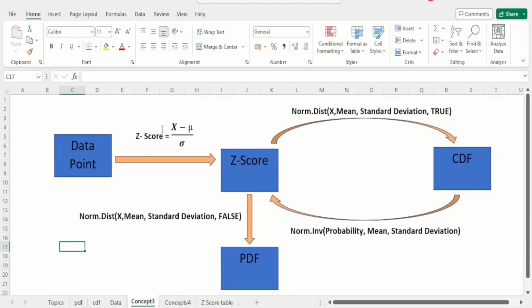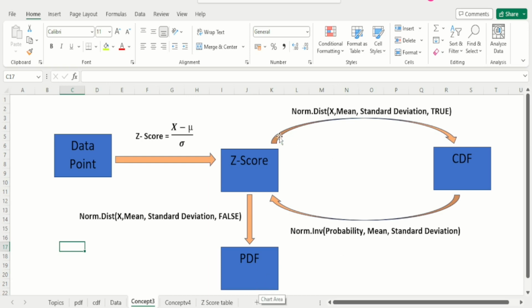Using this formula, from the data point you get to the z-score. Alternately, you can also use the function Standardize. Once you have the z-score, you can do a couple of different things. If you want to calculate the probability density specifically at that point, you can use the Norm.dist function. With the fourth parameter as false, it will give you the probability density function value.